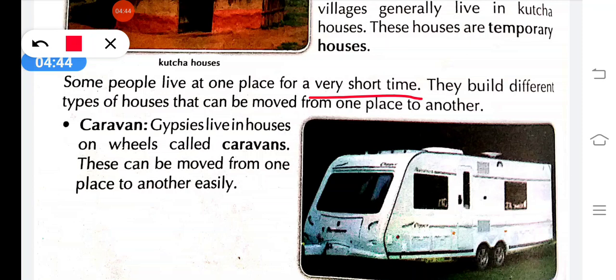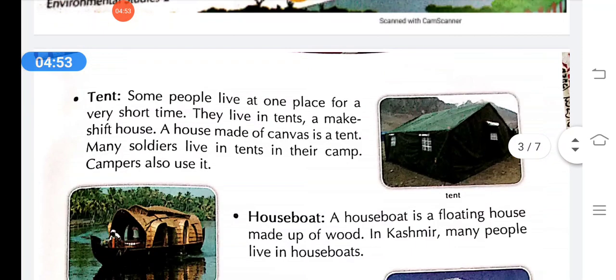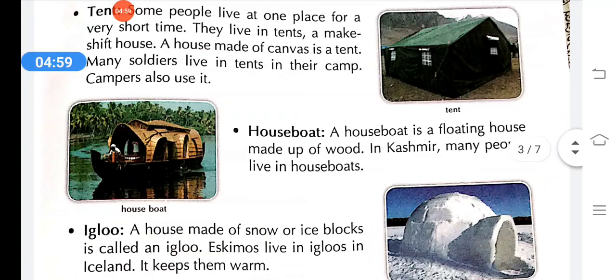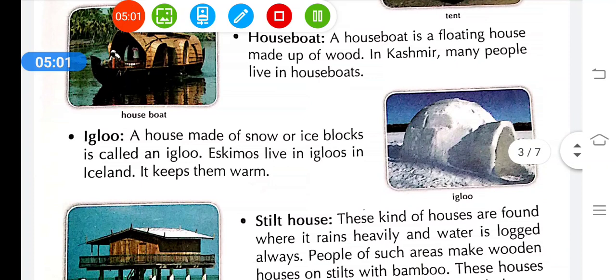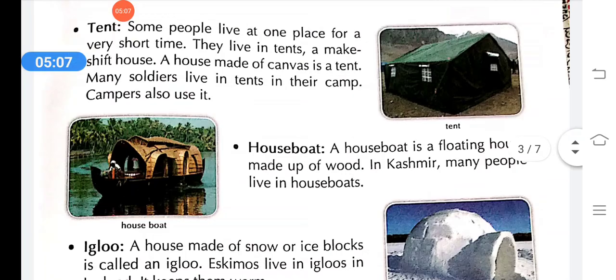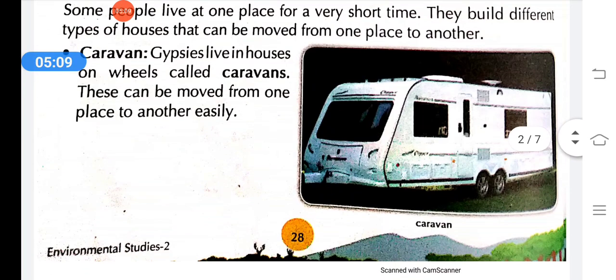Okay, what are they? Have a look. They are maybe caravan, tent, houseboat, igloo, or stilt house. Now one by one we will discuss this type of houses.